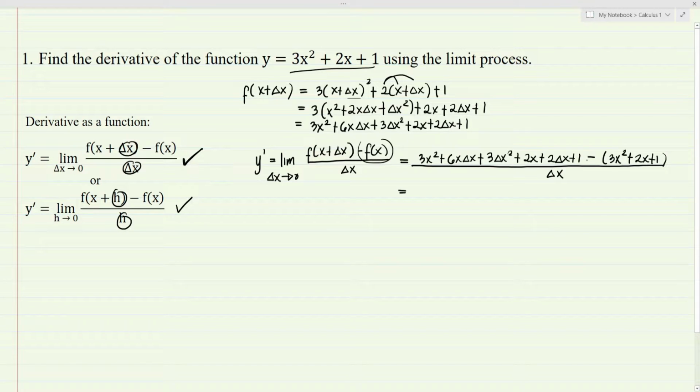Let's simplify our function here. I can cancel out terms in the numerator, and if I distribute this one, I would have here a negative 3x squared negative 2x minus 1. Then I would just copy the rest of the terms. I have here 3x squared plus 6x delta x plus 3 delta x squared plus 2x plus 2 delta x plus 1.